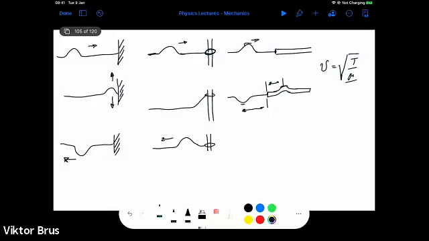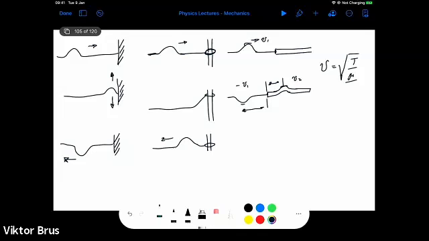Okay, so we can write here that this is V1, the speed of traveling of the wave along the string. Here it will be minus V1 because it goes in the other direction, and here it will be V2.